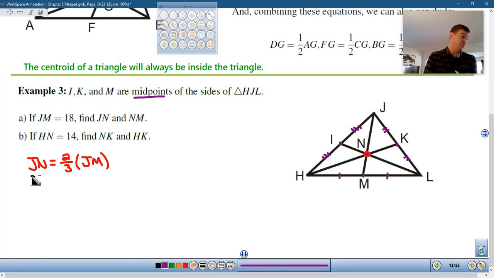JN is what I don't know. 2/3 of JM, which is 18. Now, some of you may not like fractions. Just keep it as two separate operations here. We're going to do 18 times 2 divided by 3, or in the reverse order, do 18 divided by 3, which is 6, and then multiply it by 2. JN is 12.